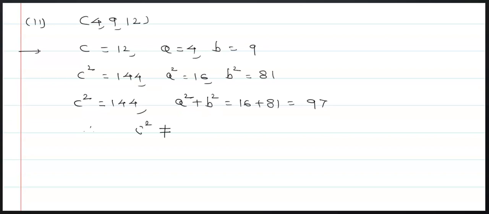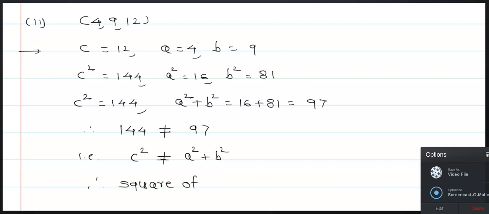Therefore C square is not equal to 144 is not equal to 97. Therefore C square is not equal to A square plus B square.